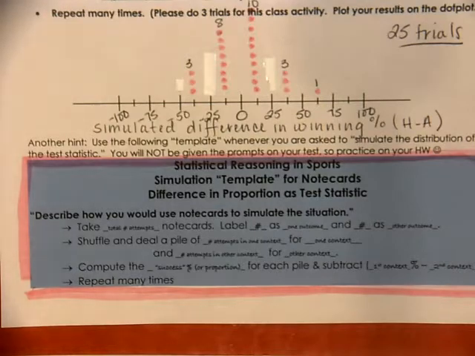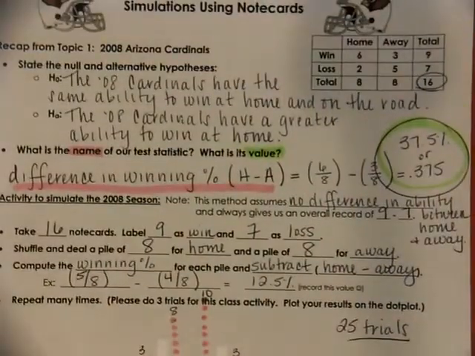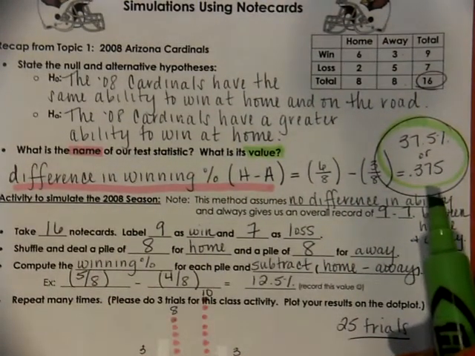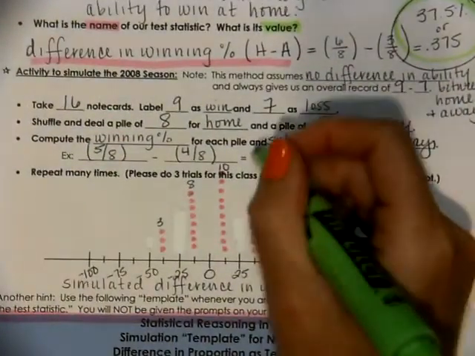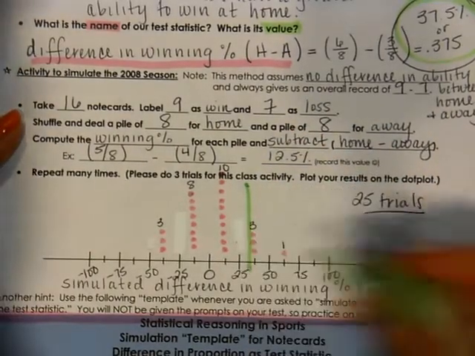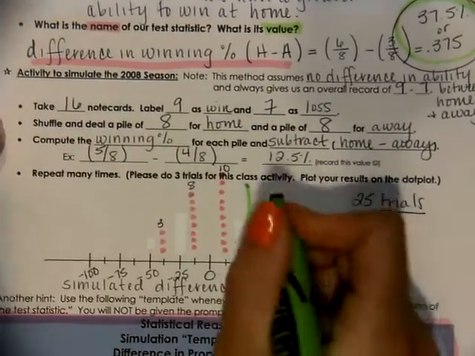So on the next page it says, let's find the p-value for the Arizona Cardinals problem. Remember, always compare to the test statistic. So look above. What was our test statistic, the value? It was 37.5%. So that's where I'm going to draw my line in my dot plot. Remember, it's all the dots that are at or above the test statistic.